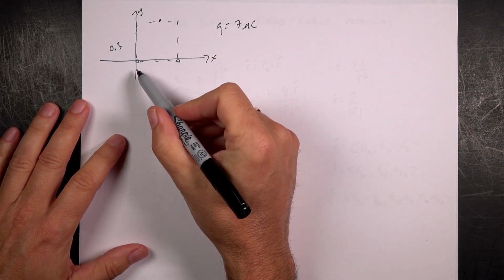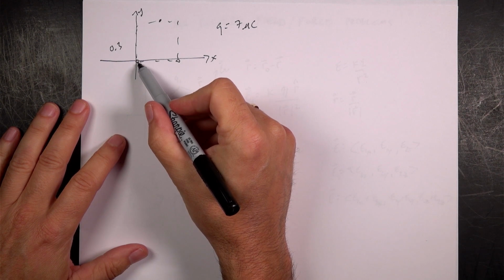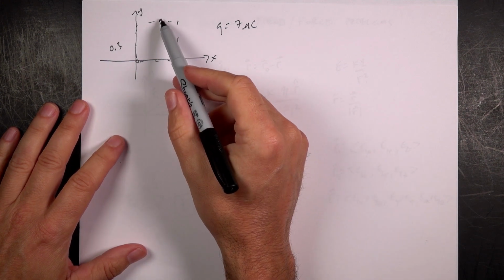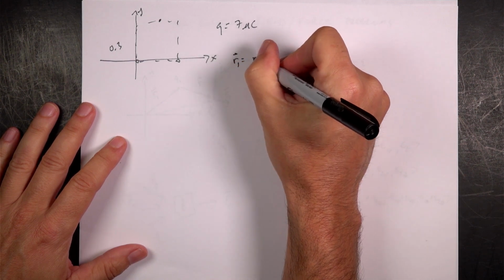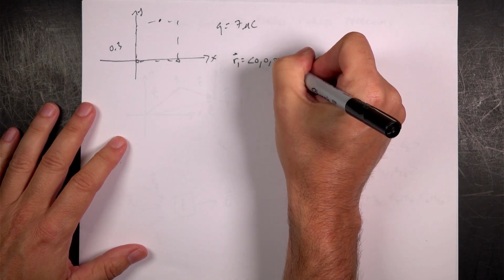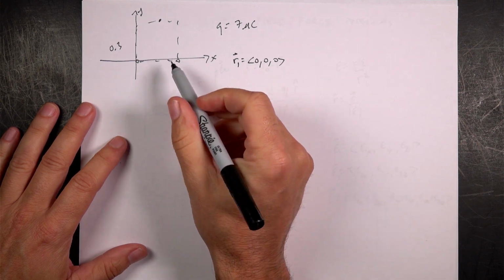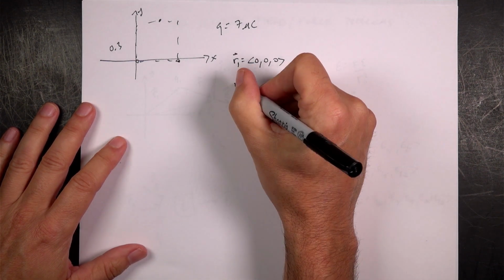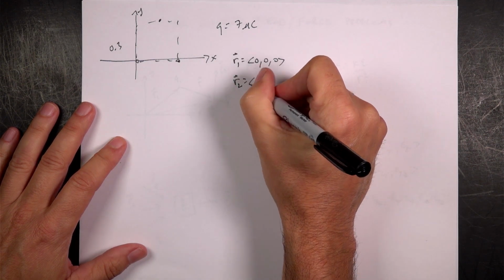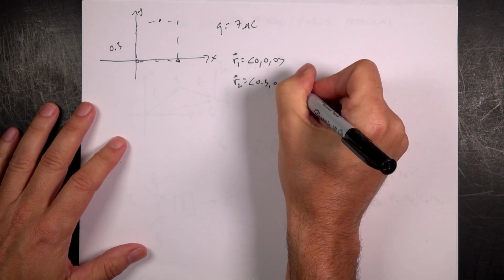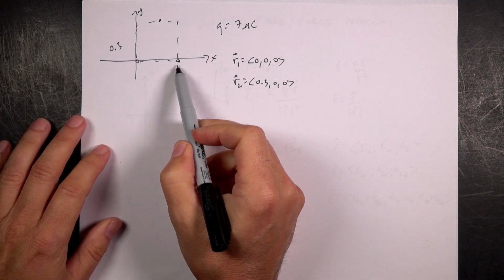So if that's the case, I need to find the vector location of these charges and the vector location of the observation point. So let's do R1. The vector location of that is just going to be 0, 0, 0, right? Because I put that at the origin. And then R2 is going to be in the x direction, so it's going to be 0.3, 0, 0. That's the location of that charge.